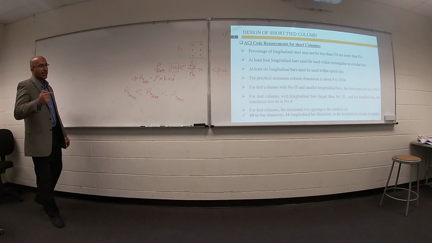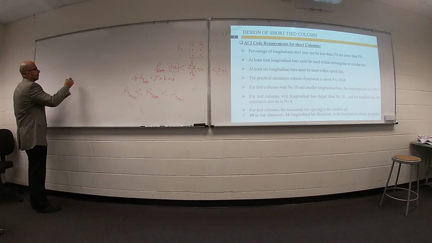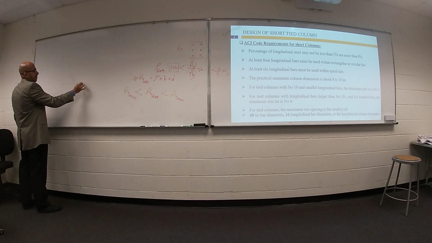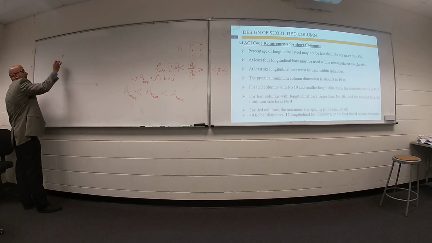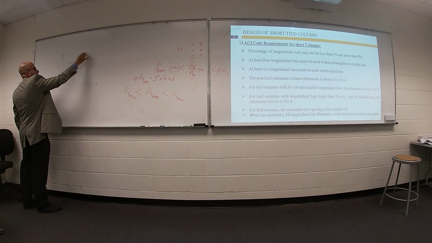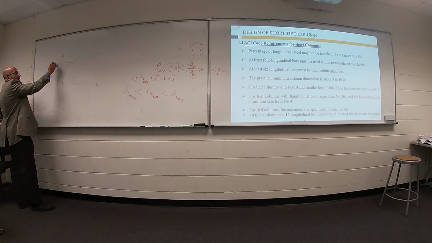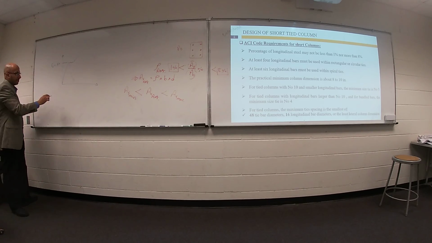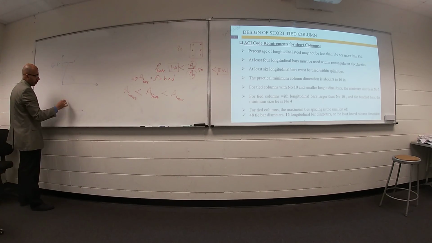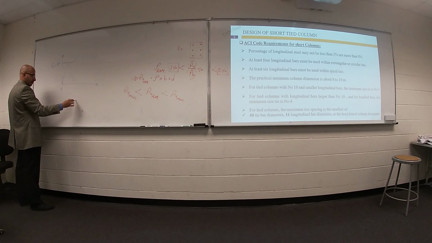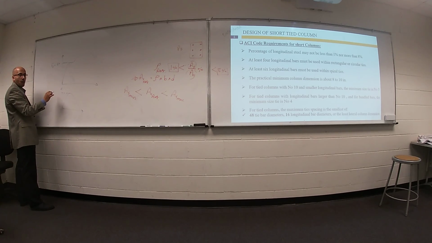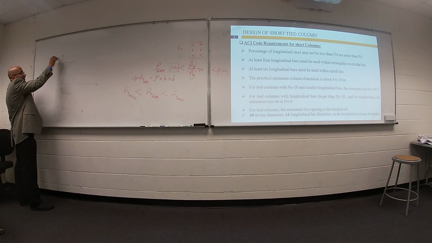So we are trying... what's this value? Fy, 60? That's right? For steel in compression. What's this value? 4,000. 4. We are talking about ksi. 4.